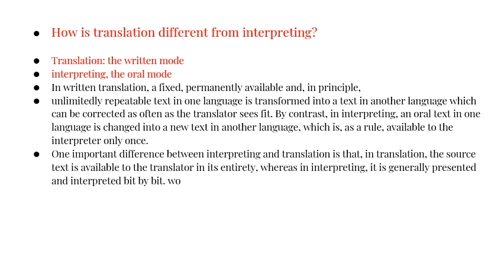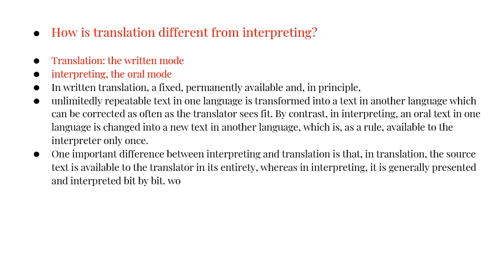So again, one important difference between interpreting and translation is that in translation, the source text is available to the translator in its entirety. So the whole text is there, the whole news story is there, the whole novel is there. Whereas in interpreting, it's generally presented and interpreted bit by bit. So let's say the interpreter is interpreting a speech in a conference.